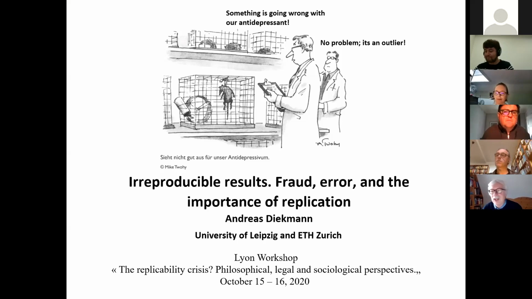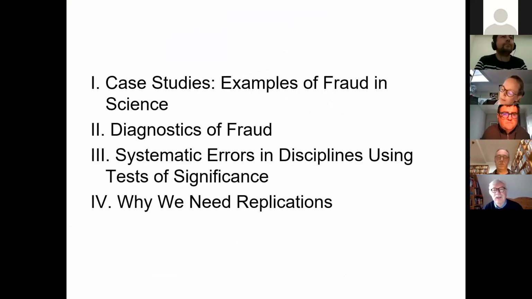So my talk is about fraud, error, and, I stress a bit more, I focus on fraudulent behavior in science. I start with some case studies, some examples of fraud in science, just to give you an impression.